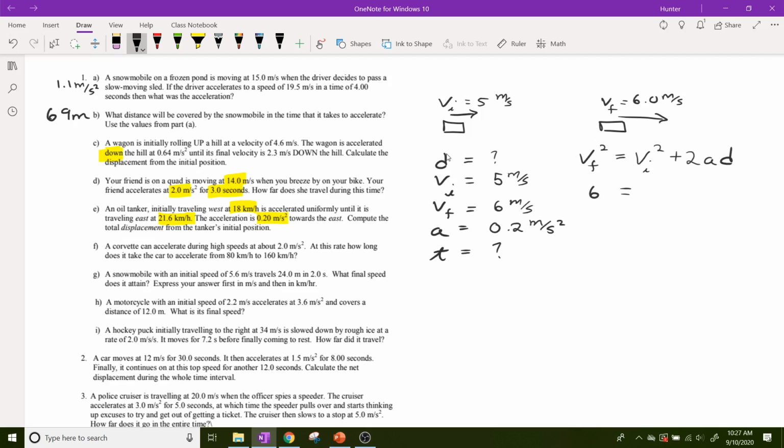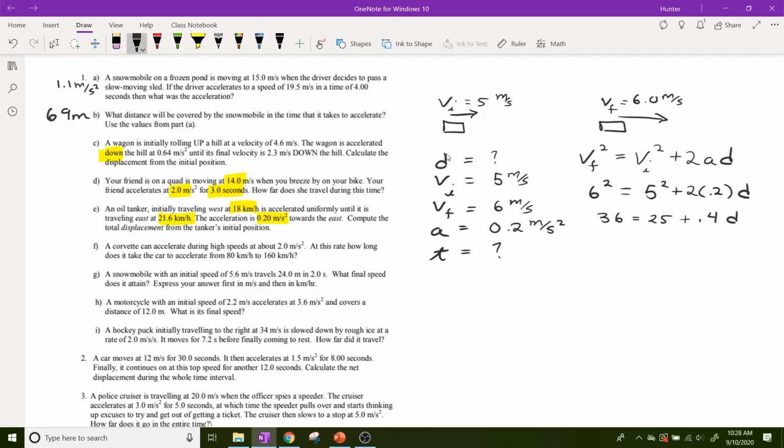So 6 squared, 5 squared, and 2 times 0.2 times d. All right, just ignoring the units. 36, okay, 25 plus 2 times 0.4, yeah, 0.4d.